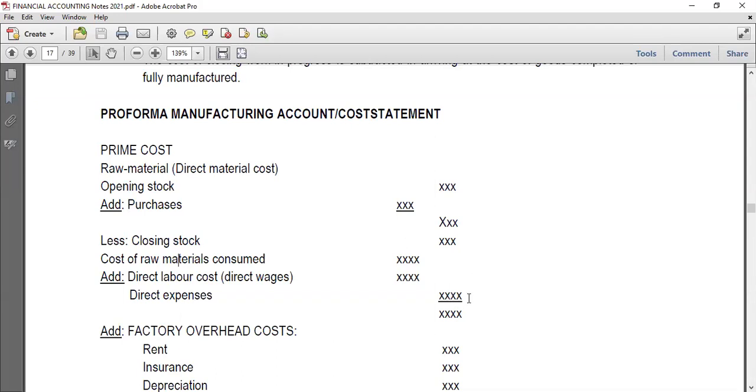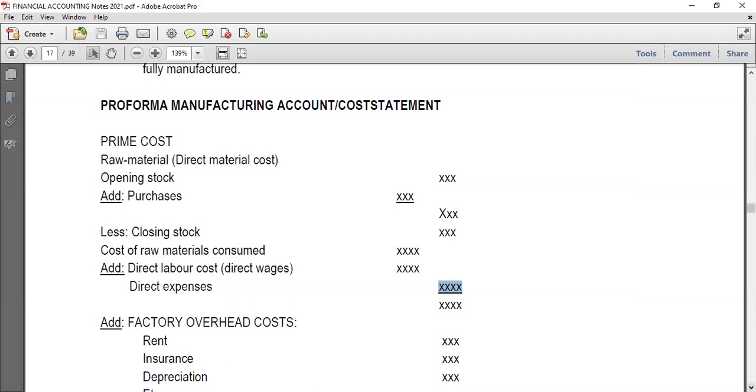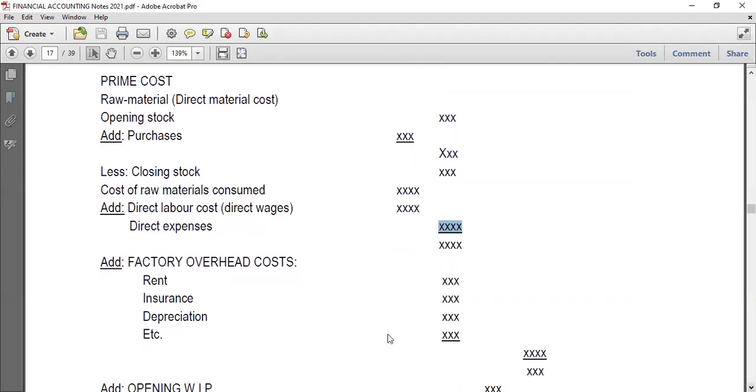After the prime costs, the other things we add are our overheads, the factory overheads. These are typically costs for the factory. Anything that cascades out of the factory is considered within the trading profit and loss account, okay?